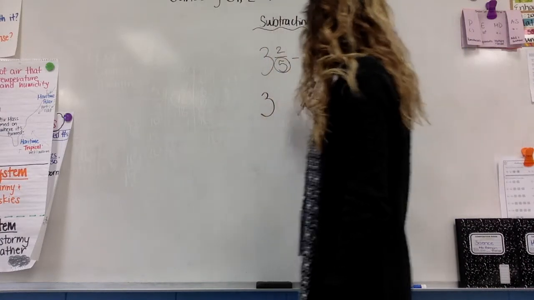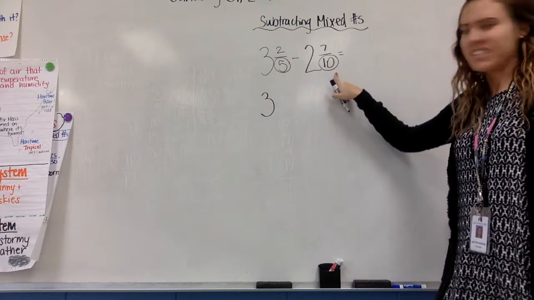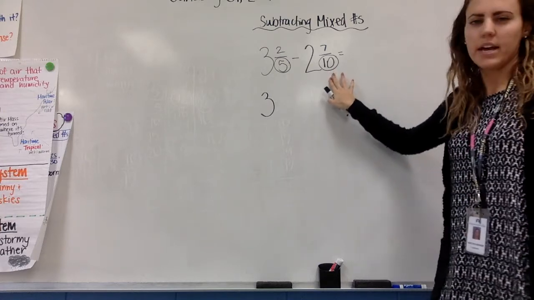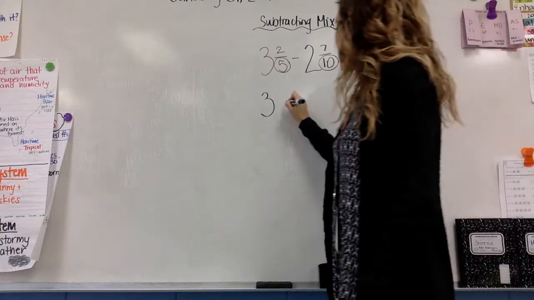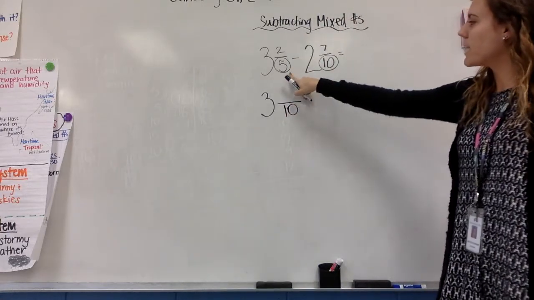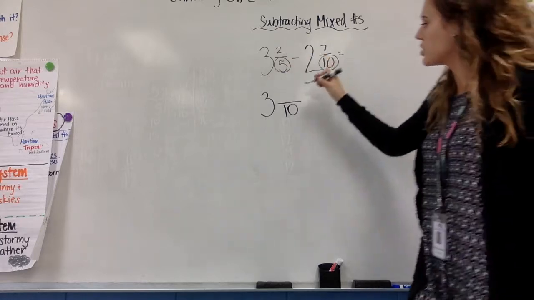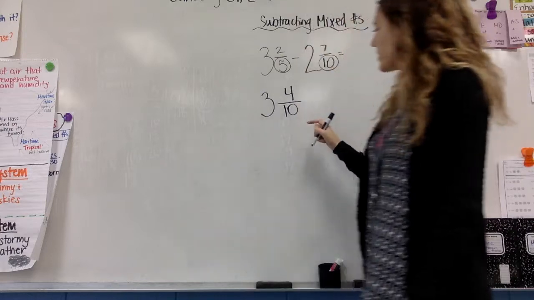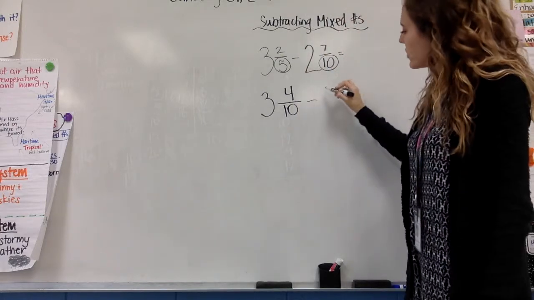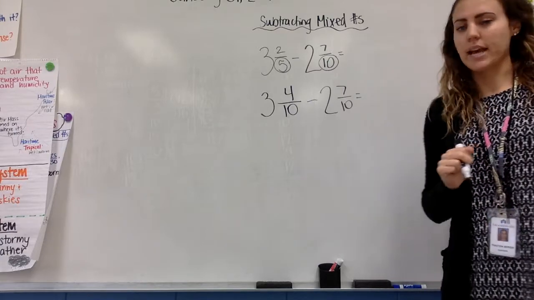And I know that a multiple of 5 is 10, so I'm going to use 10 as my denominator. So 5 times 2 will give me 10, so I'm going to multiply 2 times 2, which will give me 4. So I now have 3 and 4/10 minus 2 and 7/10.